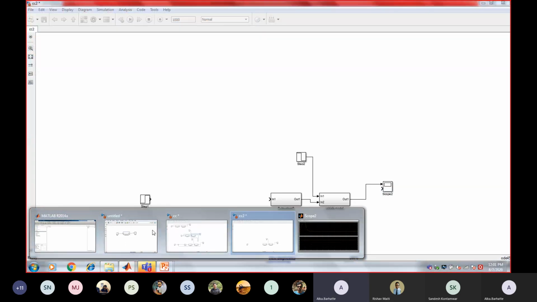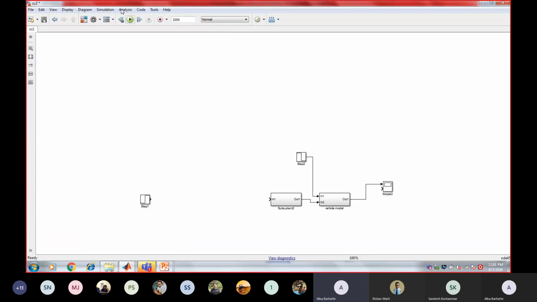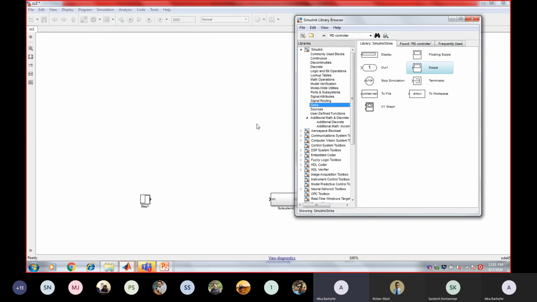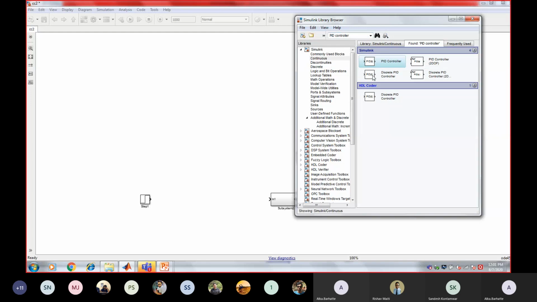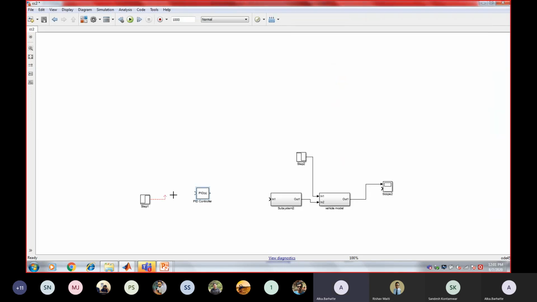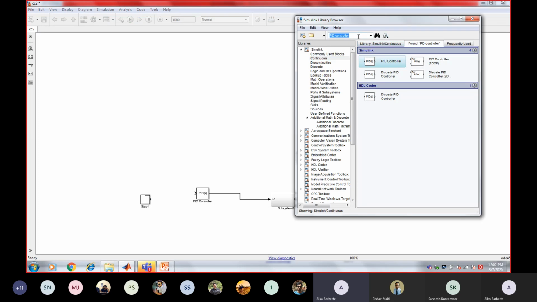So where is it? I'll add this controller. We cannot directly add here, so we need to add the sum block again.